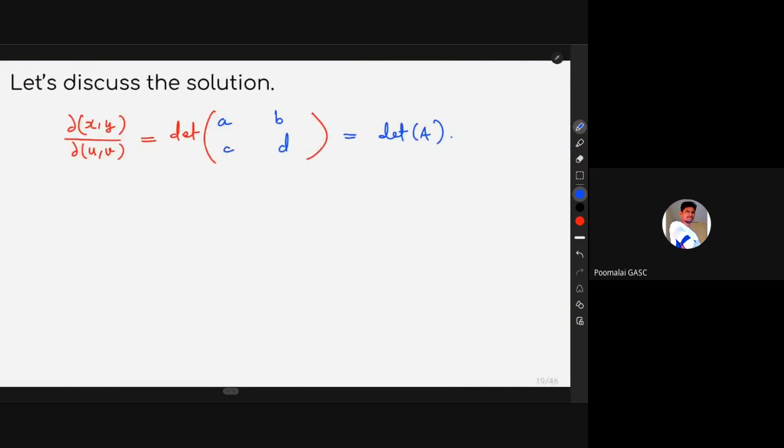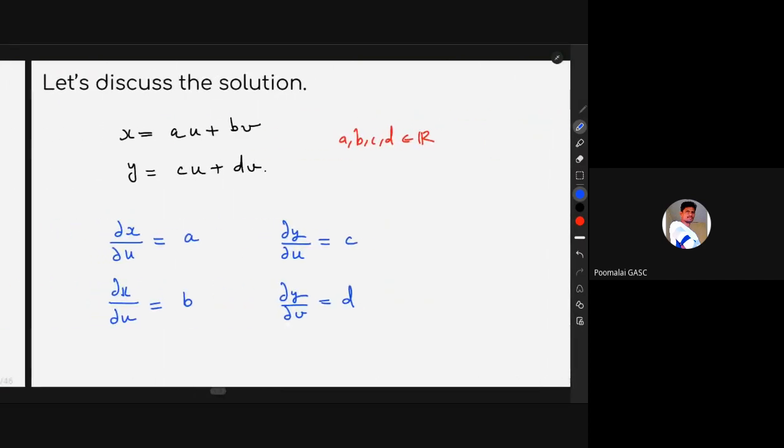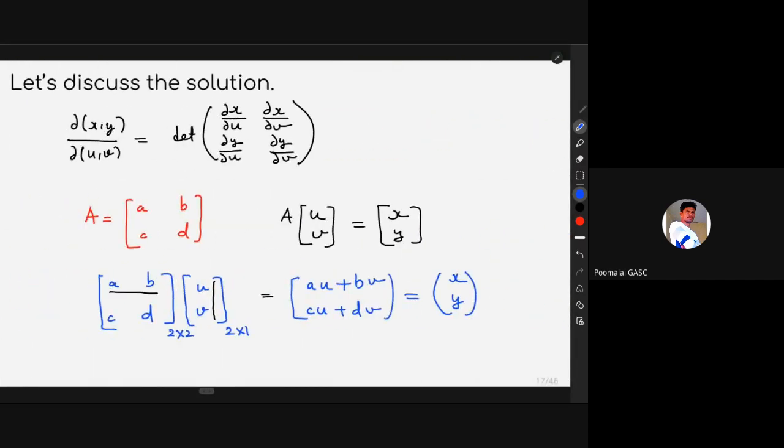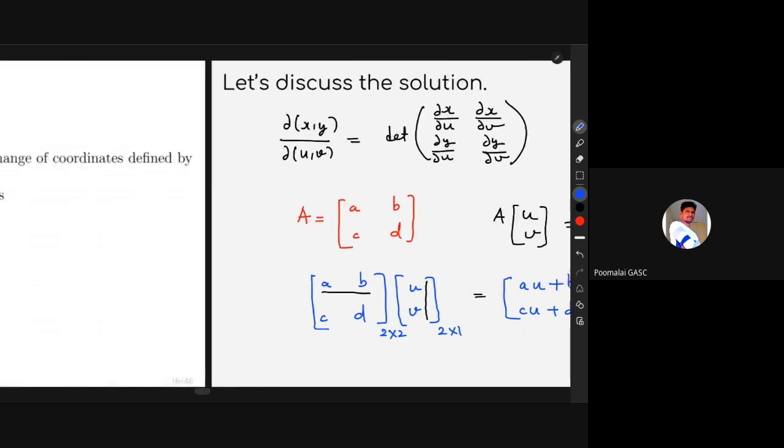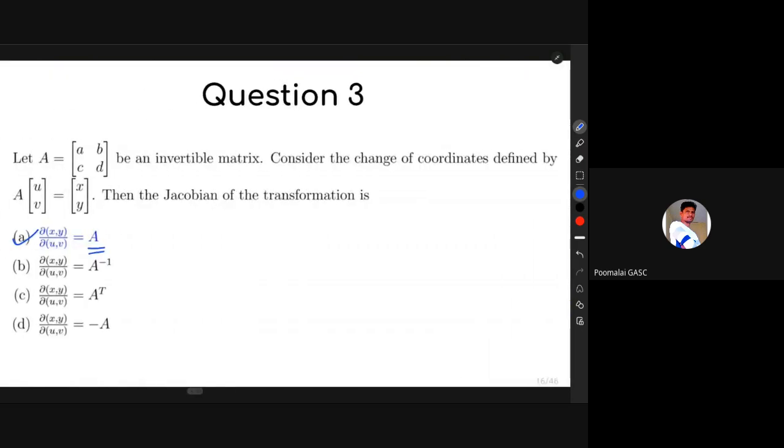Suppose it is not invertible, then the answer is going to be zero, because the determinant of A will be zero. But till this point we haven't used invertibility, so this hypothesis is not required.